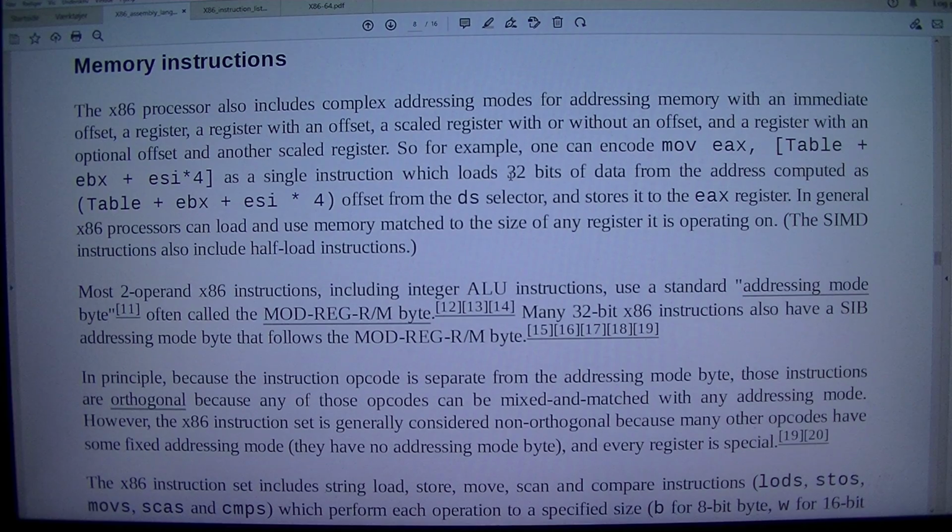So for example, one can encode mov eax, [table + ebx + ecx*4] as a single instruction which loads 32 bits of data from the address computed as table + ebx + ecx*4, offset from the DS selector, and stores it to the EAX register. In general, x86 processors can load and use memory matched to the size of any register it is operating on. The SIMD instructions also include half-load instructions.